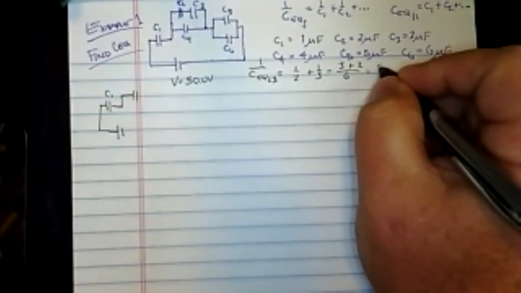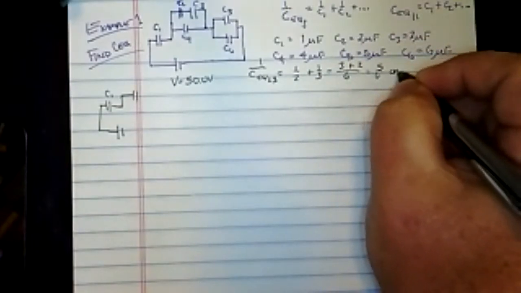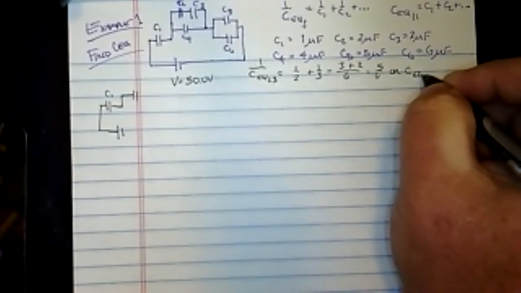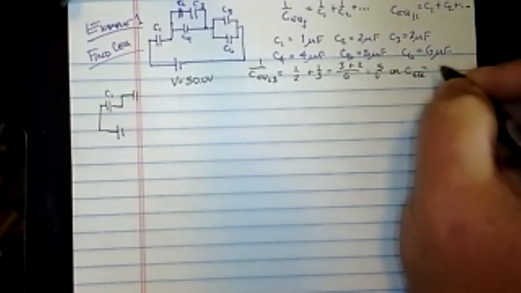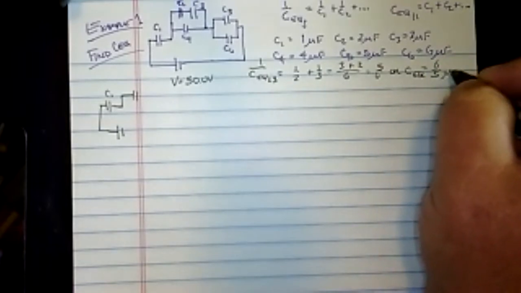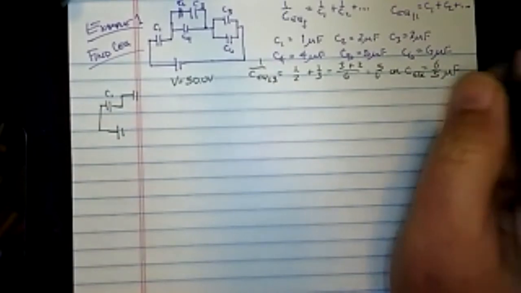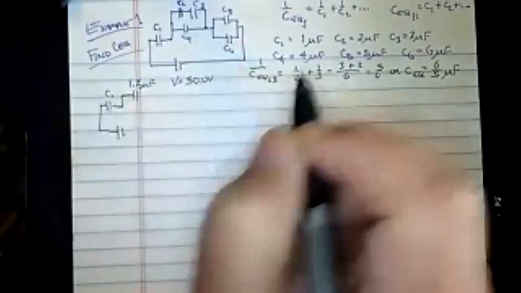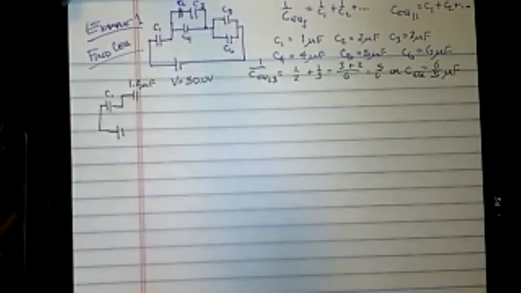So you end up getting 5 over 6, so C equivalent is equal to 6 over 5 microfarads. That's 1.2, so I'm going to put this up here as 1.2 microfarads. Everybody see how I did that?